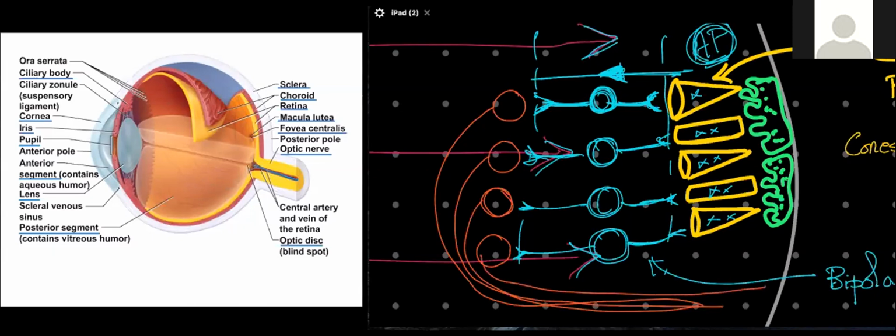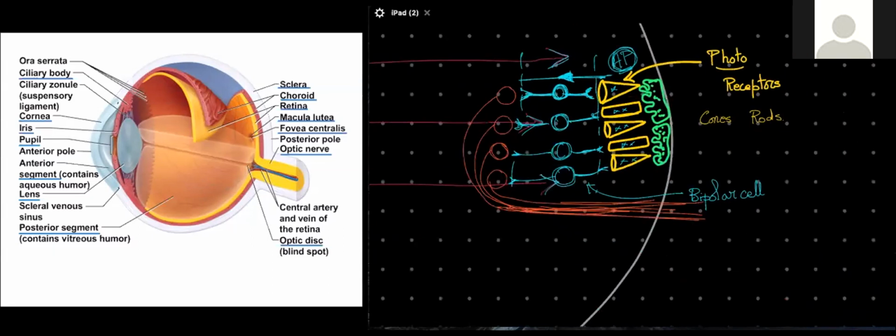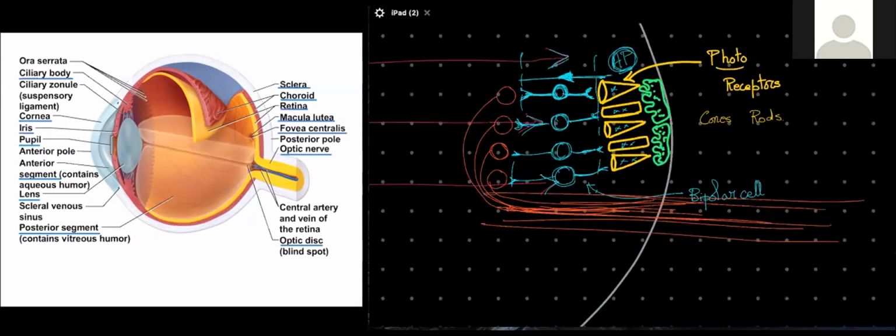And those axons all together coming from everywhere in the retina, they will form together the nerves that will be sending out the signals to your brain. So the axons of those cells receiving the electrical impulse from the bipolar cells will be forming the optic nerve.